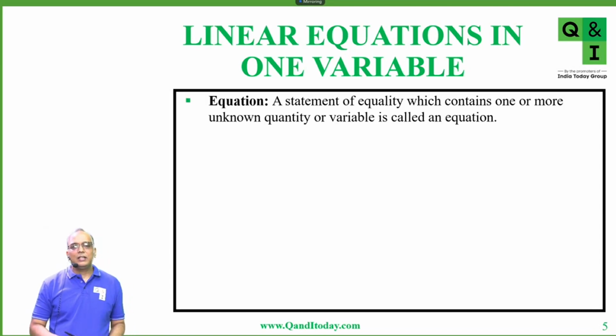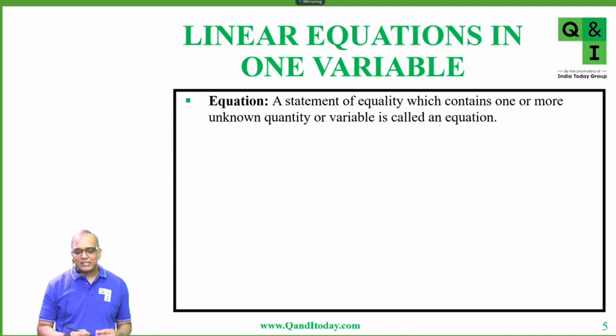So first of all, what is an equation? Let us understand what is an equation. A statement of equality which contains one or more unknown quantity or variable is known as an equation. So it is an algebraic expression with an equal to sign, where the left hand side and the right hand side are equal.